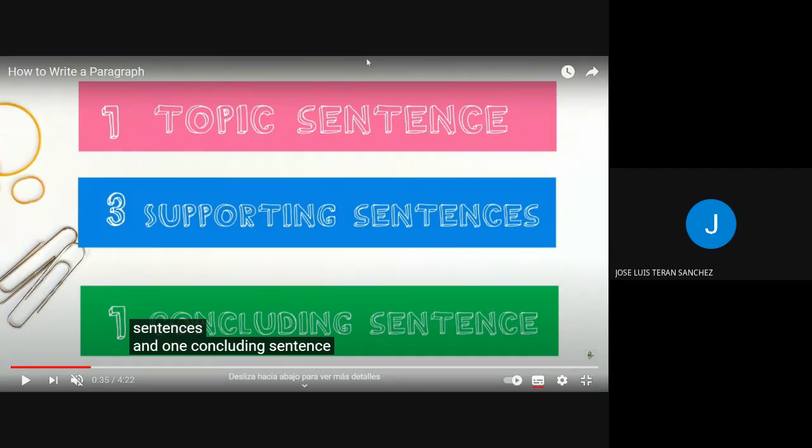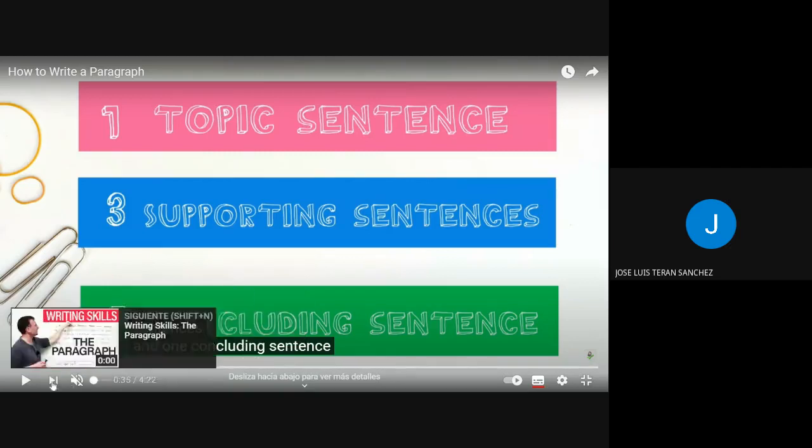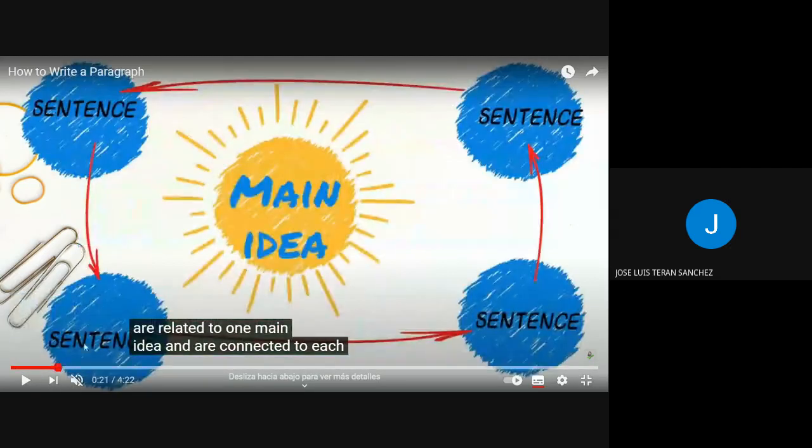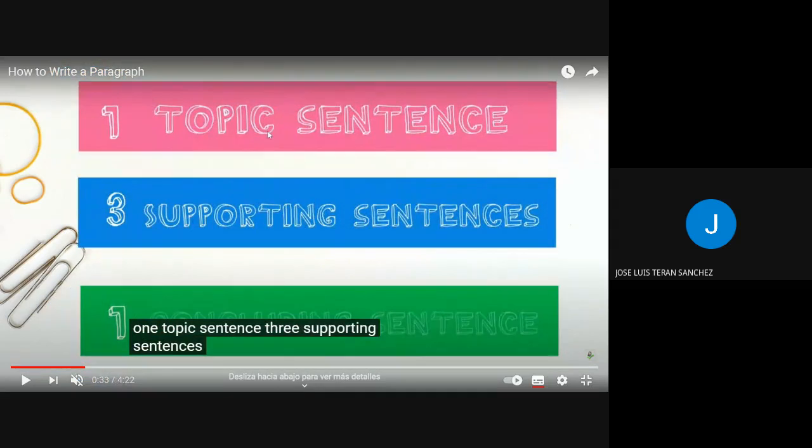Grammatically speaking, this topic sentence is the sentence that will contain the main idea. So the topic sentence must show the main idea you are expressing.